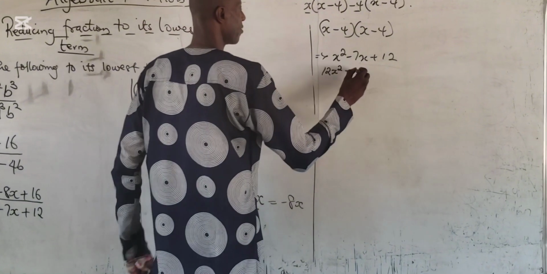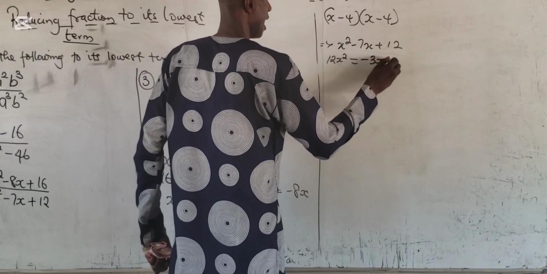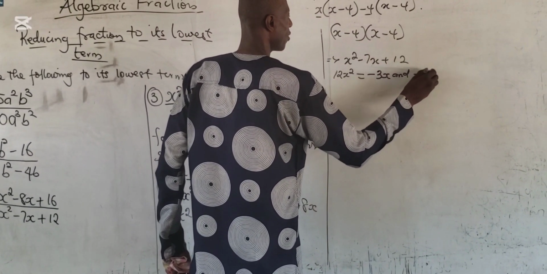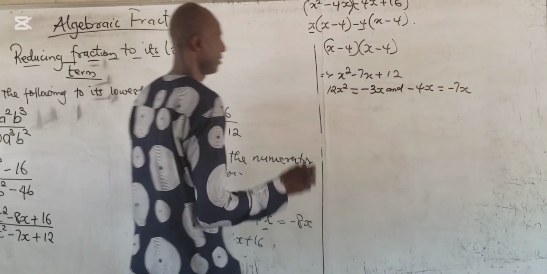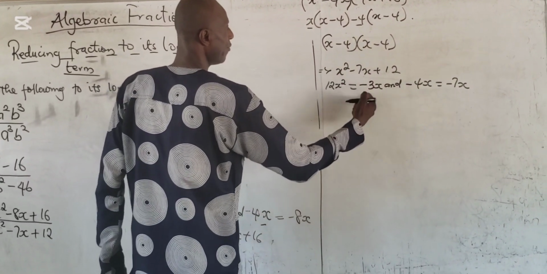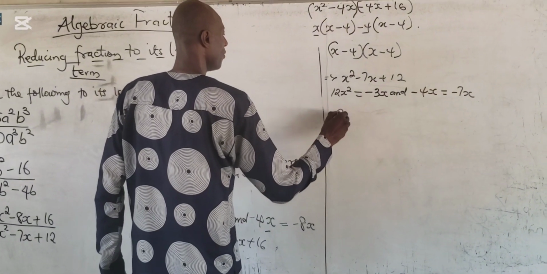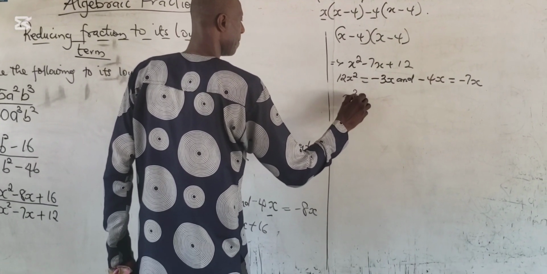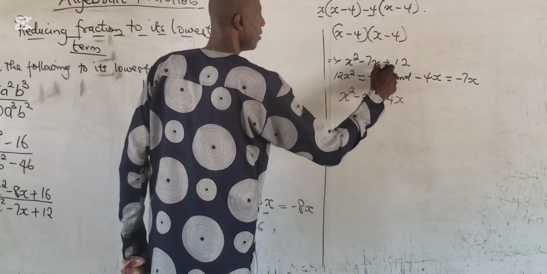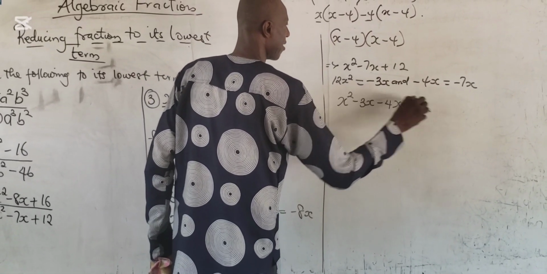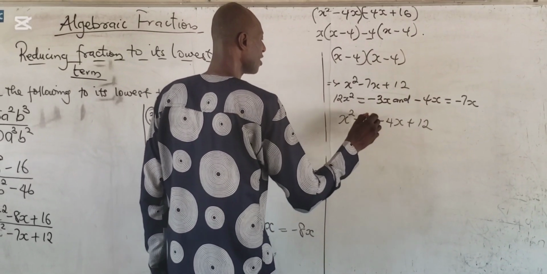So I want to take minus 3x and minus 4x to give us minus 7x. So if you put this value in place of this, you have x squared minus 3x minus 4x plus 12.